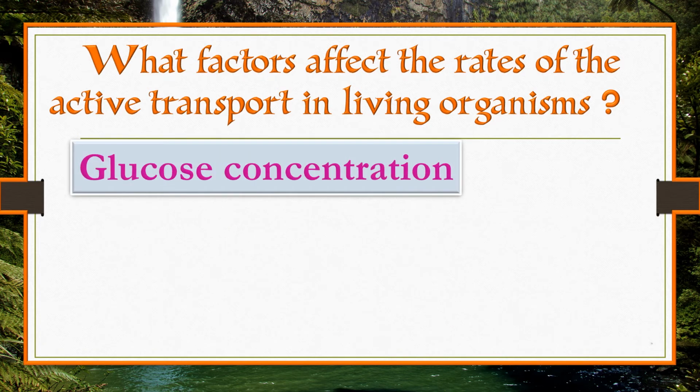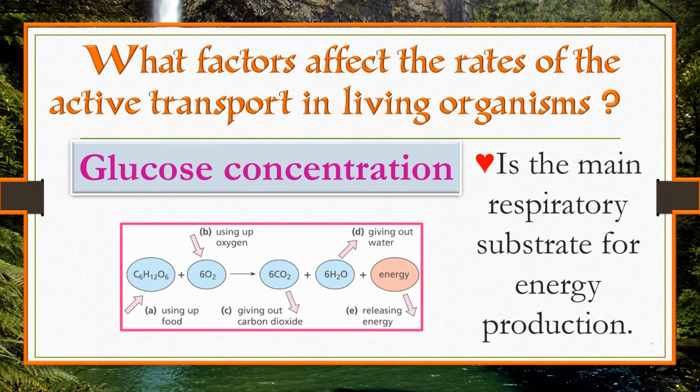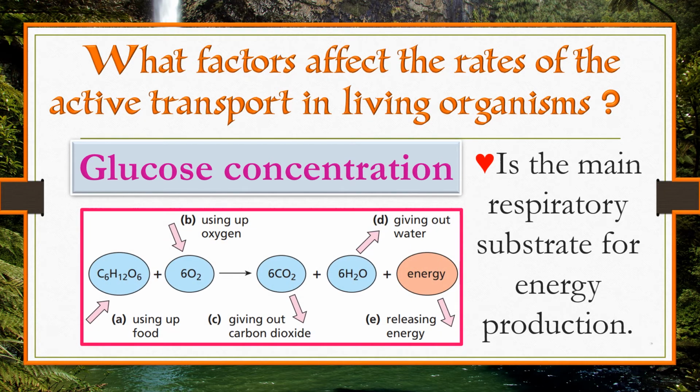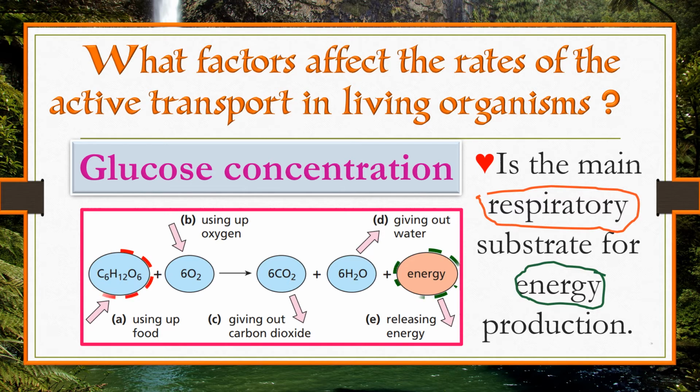Another one is glucose concentration. Glucose is the main respiratory substrate for energy production. So when we have enough glucose and we oxidize it, we shall get enough energy, and therefore the rate of active transport will be faster.